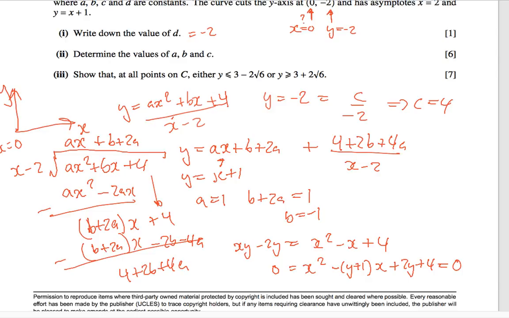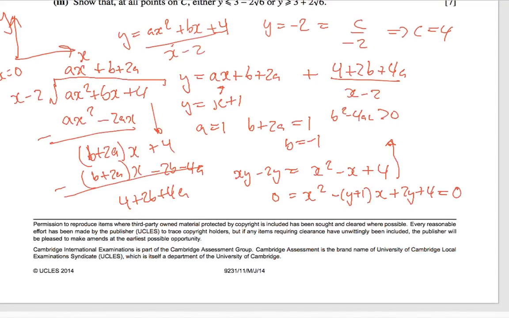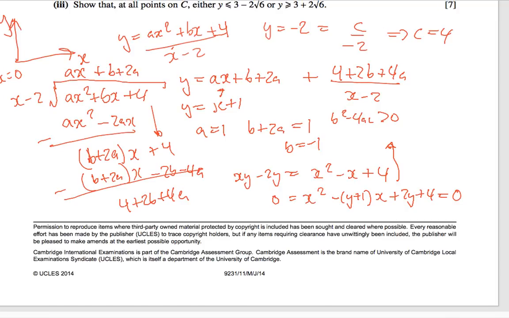And the best way to think about this is we want x to have real roots, okay? So in order for that to happen, we need the discriminant b squared minus 4ac to be greater than or equal to 0. So for the discriminant to be greater than 0, we need b squared, which is (y plus 1) squared, minus 4ac.